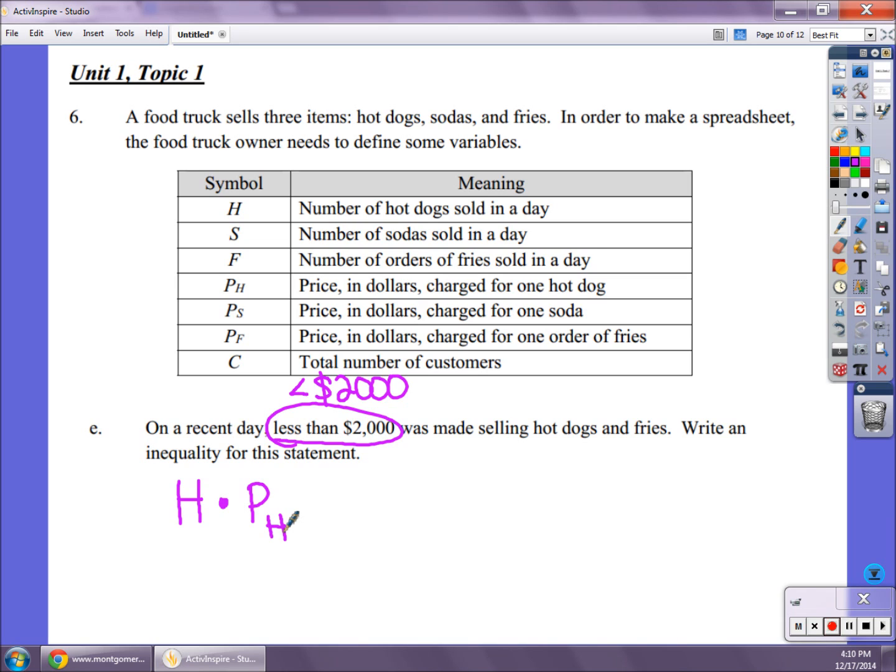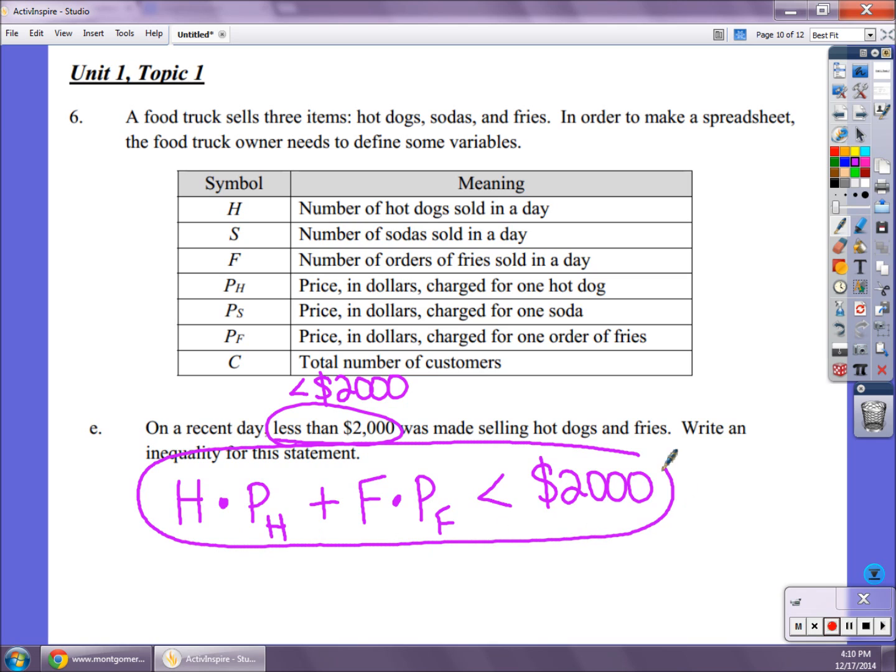In addition to that, we need the total price of the fries. So we need how many fries we sold, F, times the price for each order of fries. And we know that we need to have our expression be less than $2,000. And that's going to be our inequality.